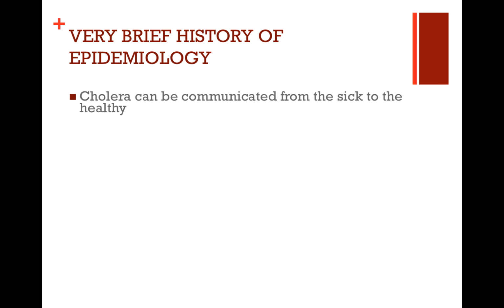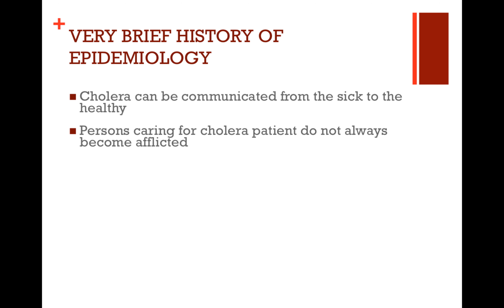So John Snow looked at these cholera epidemics or outbreaks and noted a few things. He determined that this disease could be communicated through person-to-person transmission and must be caused by some material that passed from the sick to the healthy and had the property of multiplying in the systems of people it attacked.